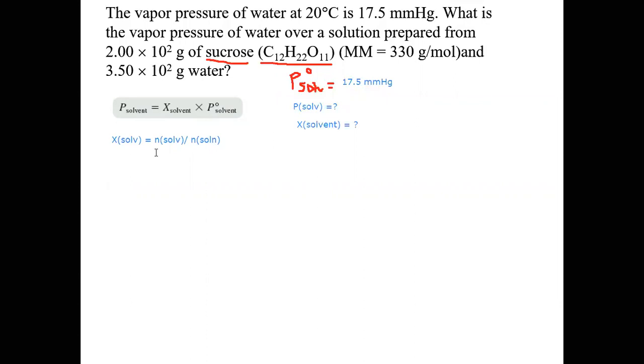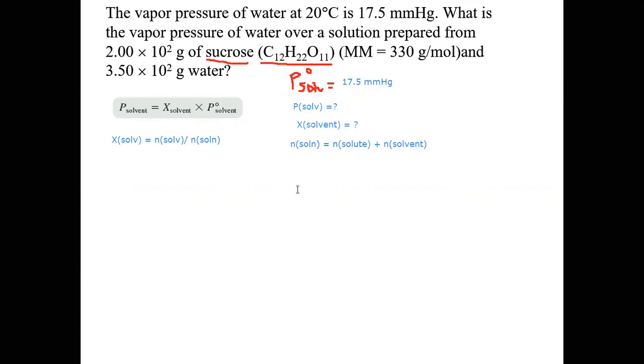And remember, the moles of solution equal the moles of solute plus moles of solvent.